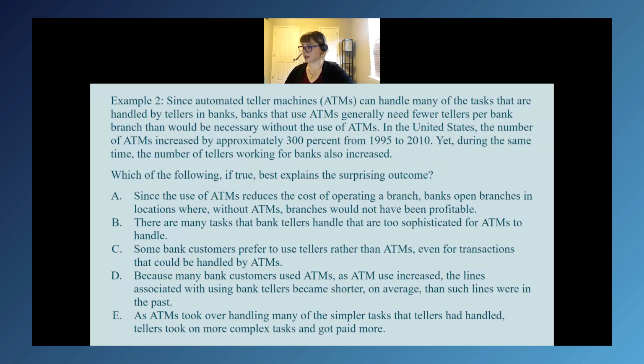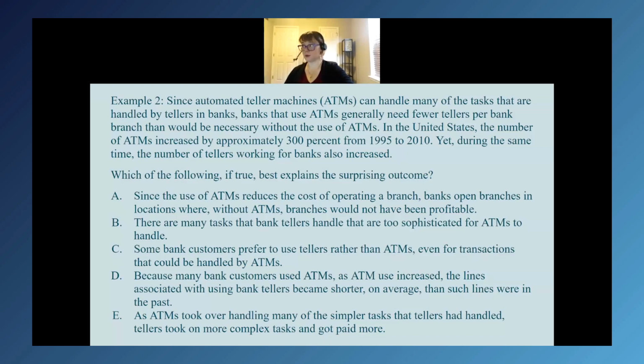A. Since the use of ATMs reduces the cost of operating a branch, banks open branches in locations where, without ATMs, branches would not have been profitable. So, this is helpful. The argument tells us that ATMs generally allow a bank branch to operate with fewer tellers.